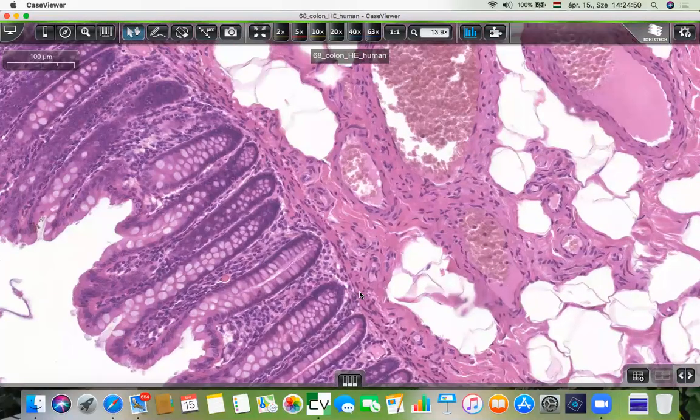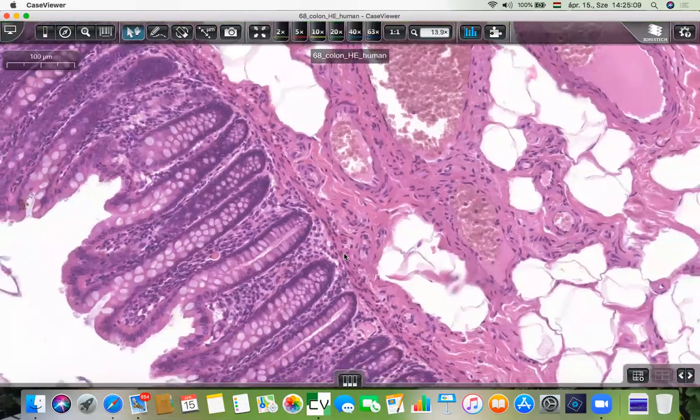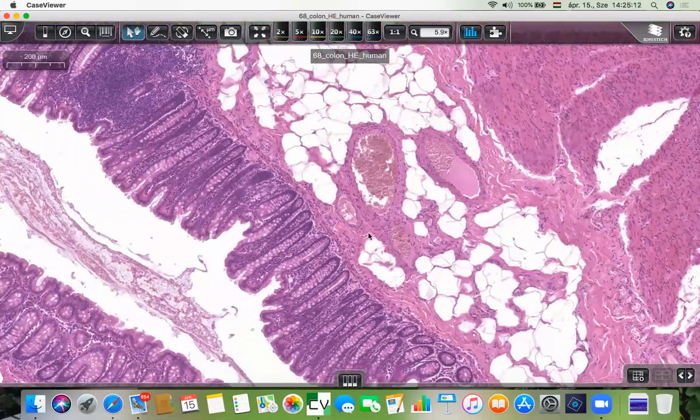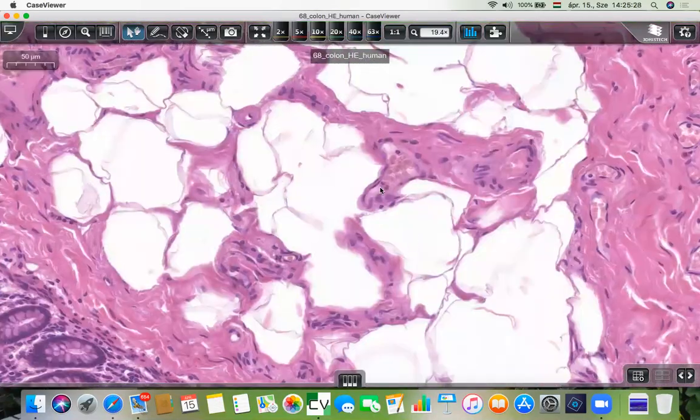Here, this layer is the muscularis mucosae right underneath the propria, inner circular, outer longitudinal smooth muscle layers as before. Then this area is the submucosa, which is typical loose connective tissue, having numerous adipocytes, vessels, and we can find Meissner plexuses, for example, here.